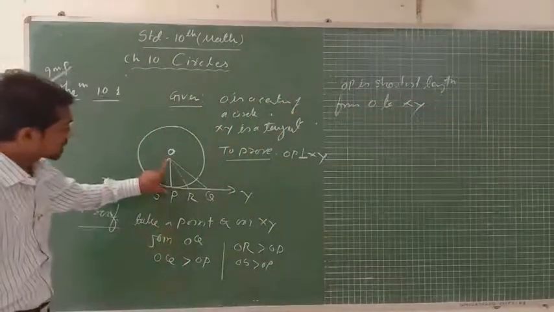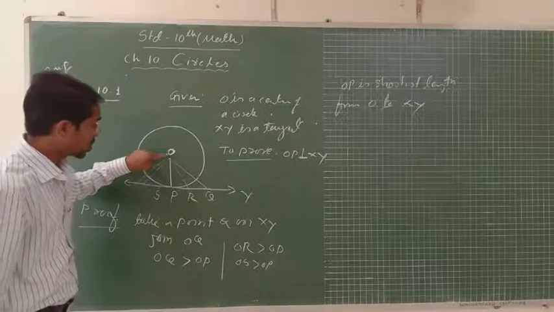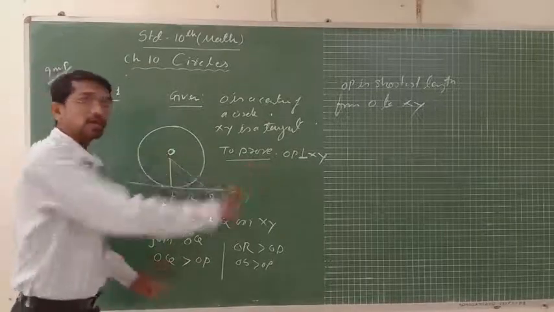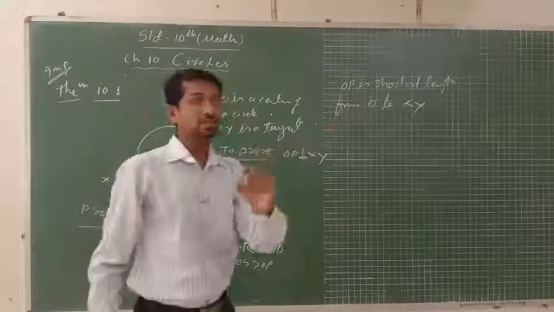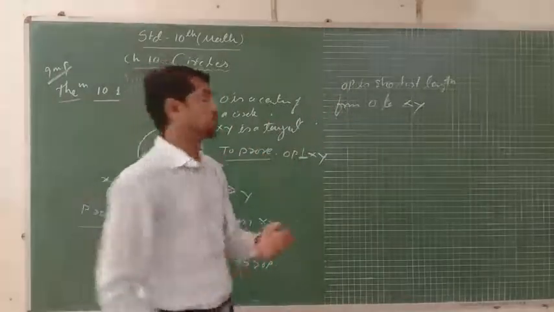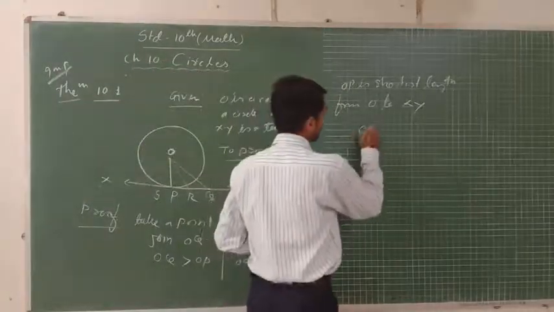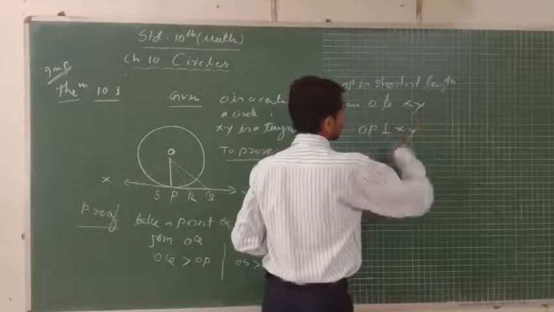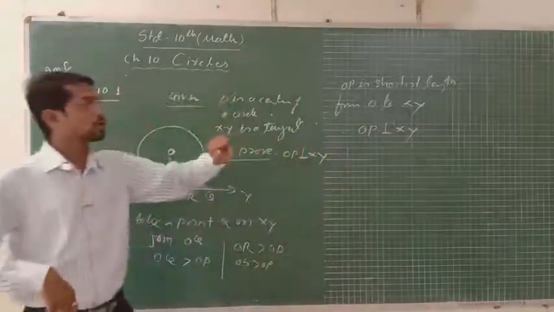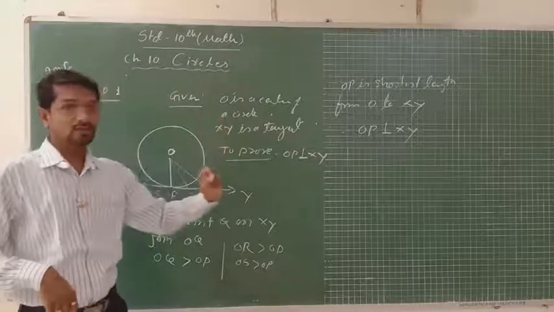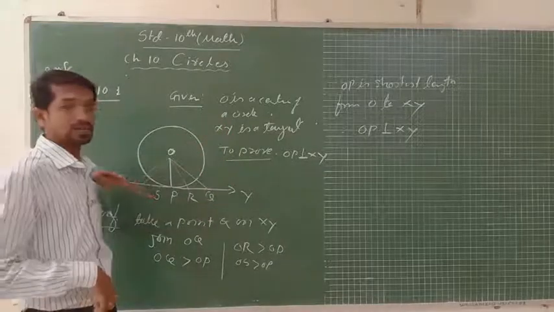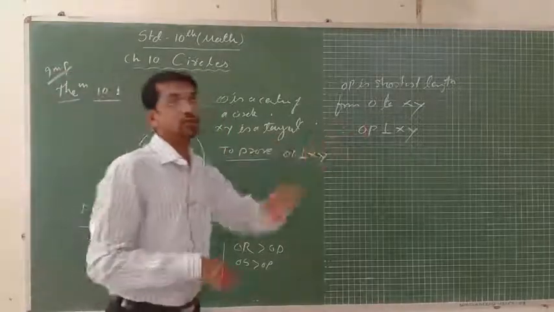OP is the shortest length from point O, the center, to this line XY, and the shortest distance is always what? Perpendicular. So therefore OP is perpendicular to XY. Why is it so? Because the shortest distance, the shortest length, is always perpendicular to that base. So OP is perpendicular to XY.